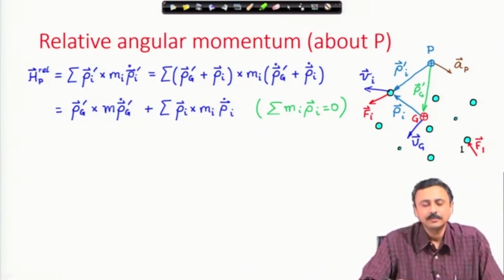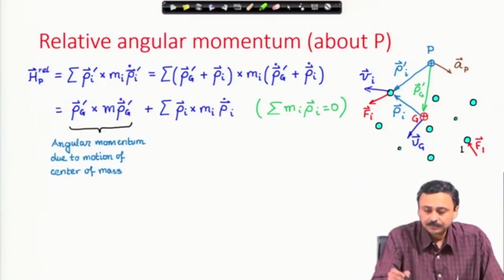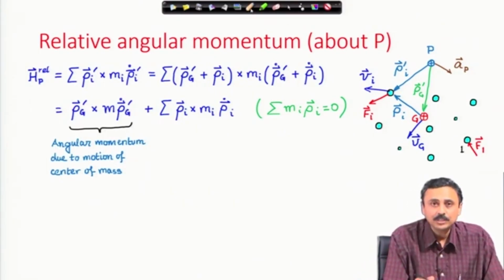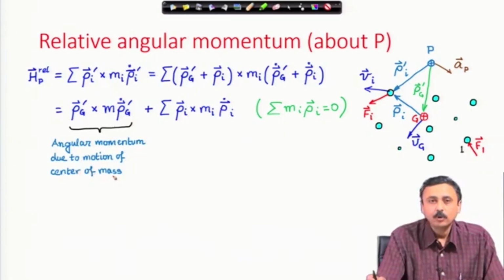These two terms survive. The first term is the angular momentum of the whole system. This is the angular momentum due to the motion of the center of mass about that point p.